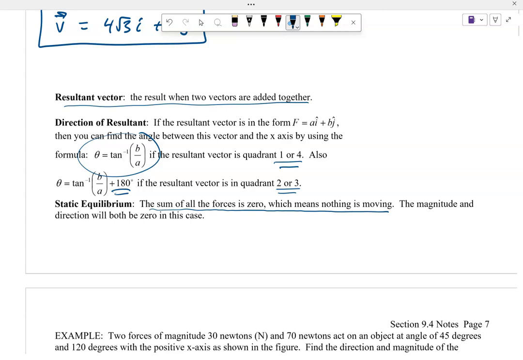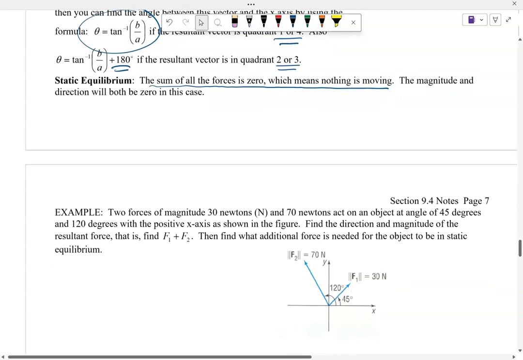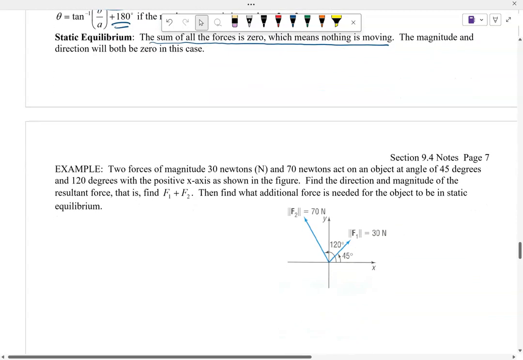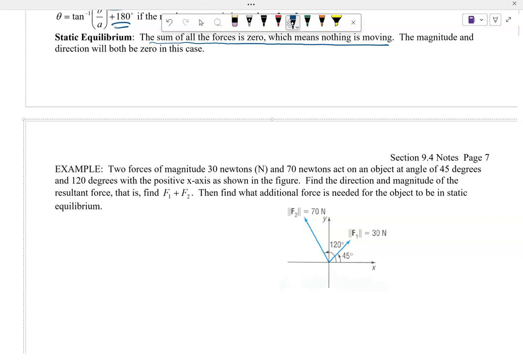The more force you have, the longer the arrow or ray. Here's an example with a force vector. You have two forces: the first one is 30 newtons. Notice the 30 newton one has a shorter arrow than the 70 newton one. Longer means more magnitude, more force.